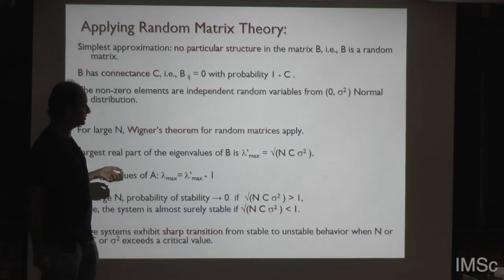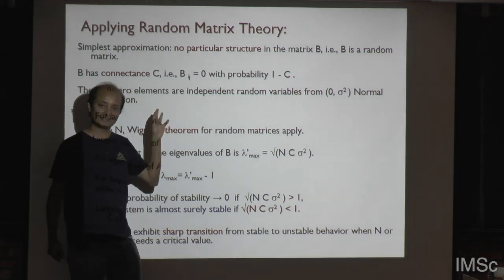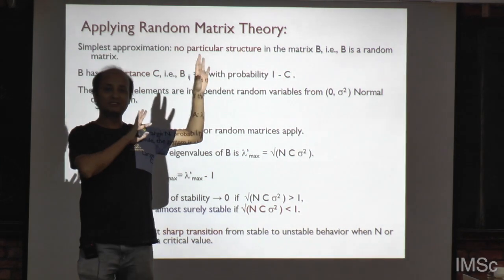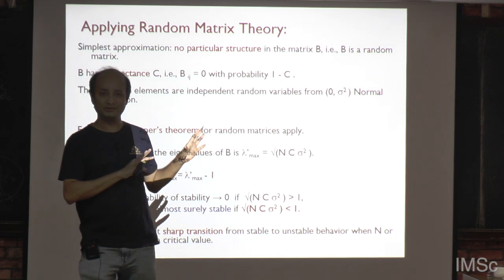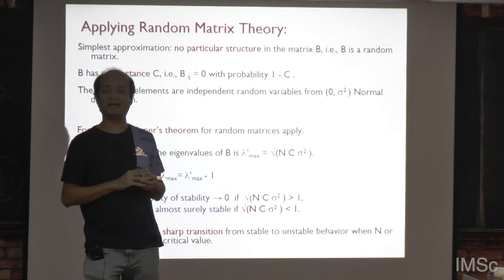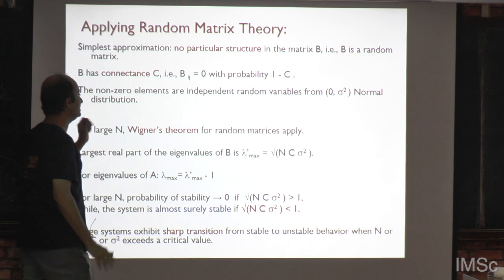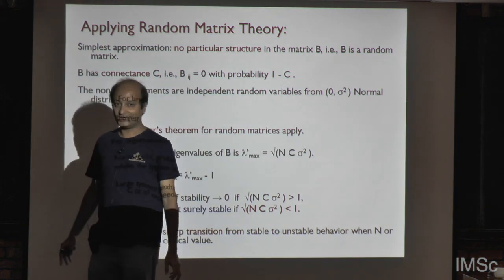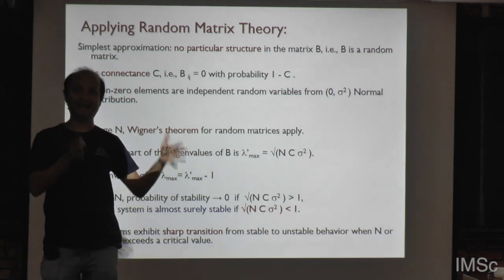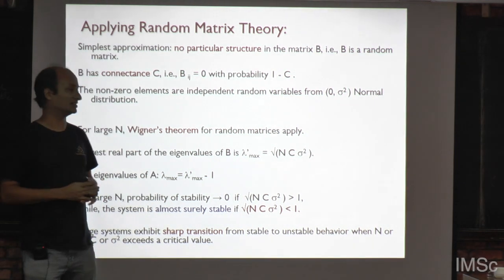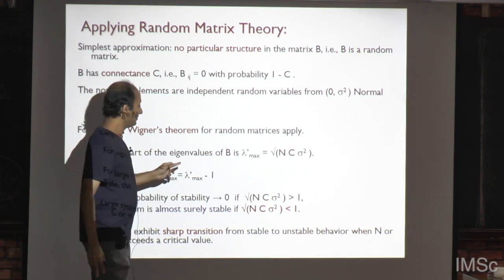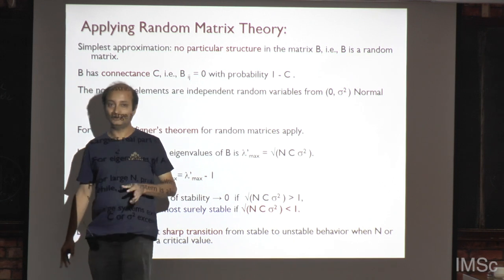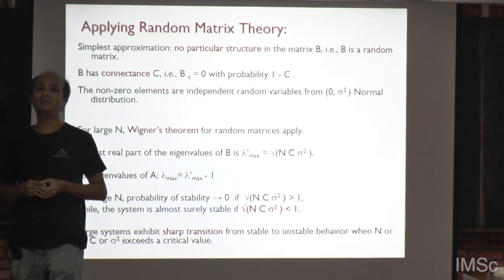Wigner had shown that if you have an n by n matrix whose C fraction of entries are non-zero, where each of the non-zero entries is chosen from a Gaussian distribution with mean 0 and variance sigma square, then the largest eigenvalue is given by the square root of the product of n, C and the variance sigma square. So this is the expected largest eigenvalue of the B matrix.